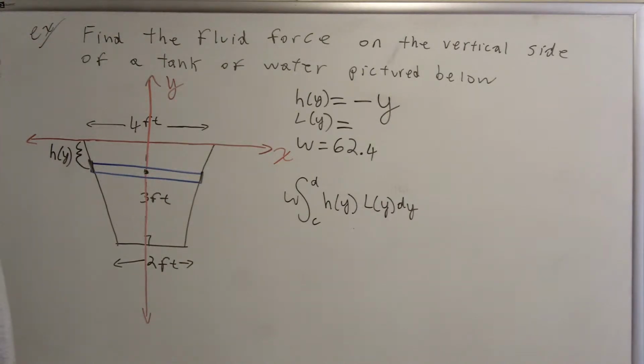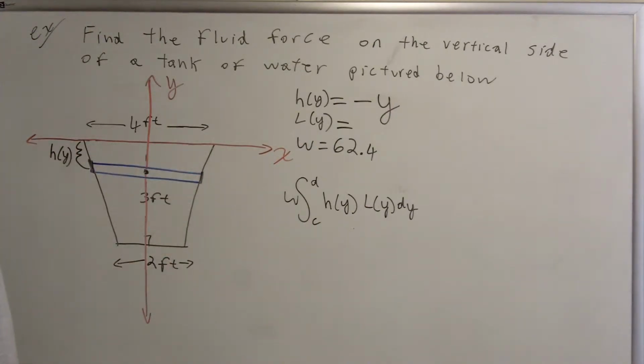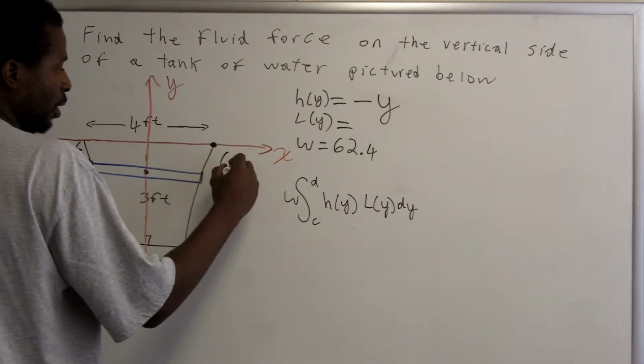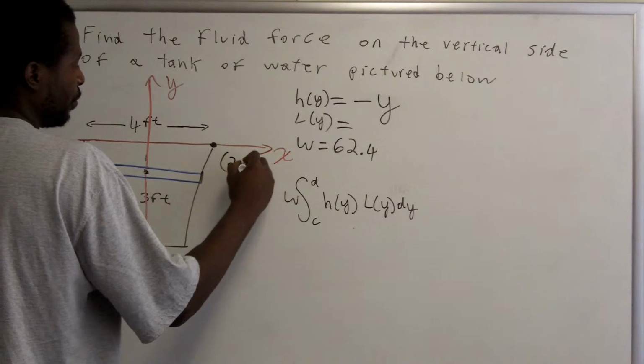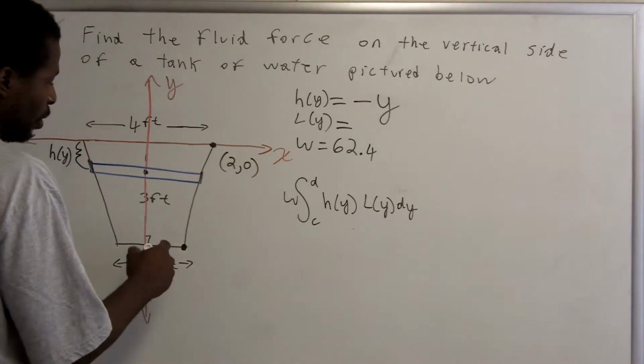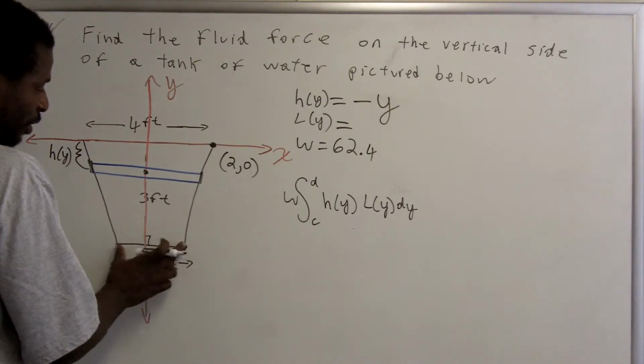What we have to do is come up with a way of writing that as a function. Those would be linear functions. Each side of the trapezoid would be a linear function. This point here would be the point (2, 0). And this point here would be the point where x is equal to 1, because we're 1 to the right, because this is 2 feet.